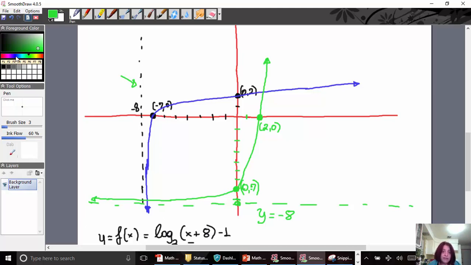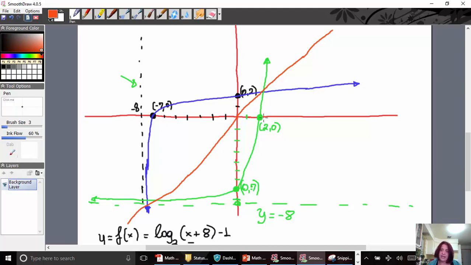Another way to verify that what I did is correct is now to go back and consider the line y equals x. Now I want to remind you that all inverse functions are symmetrical around the line y equals x.